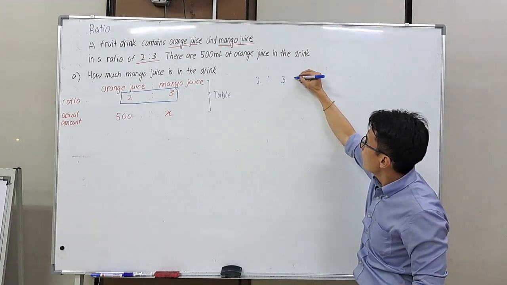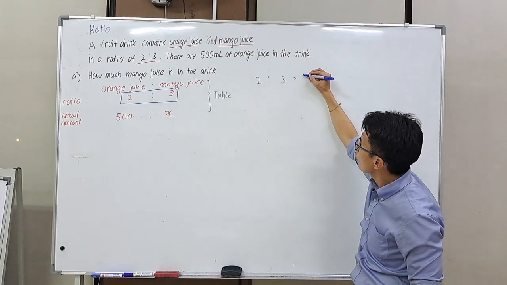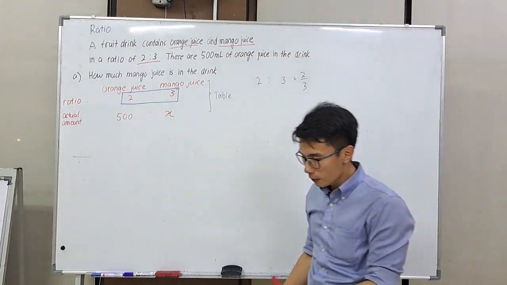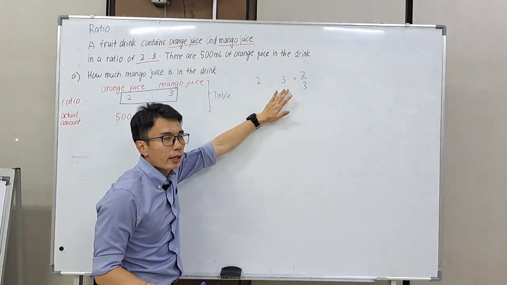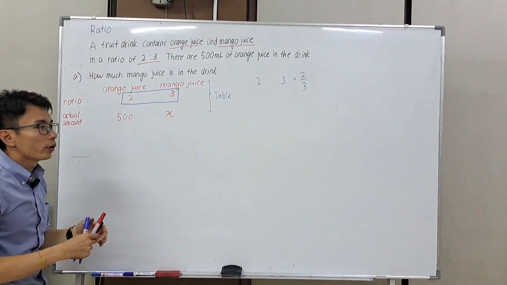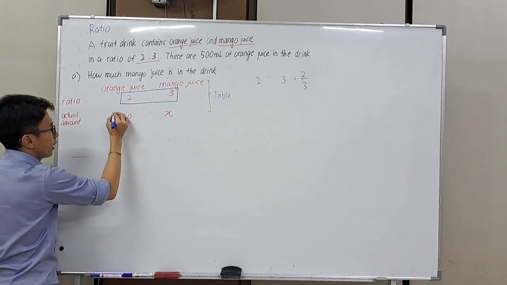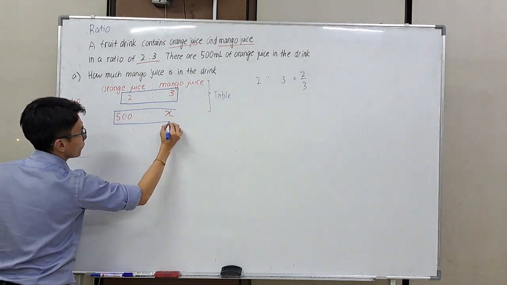We can actually rewrite this as a fraction. We can actually rewrite this as 2 over 3. That is what ratios are. So now I will be using this understanding that I have to do it over here. So I'm going to put this box over here.